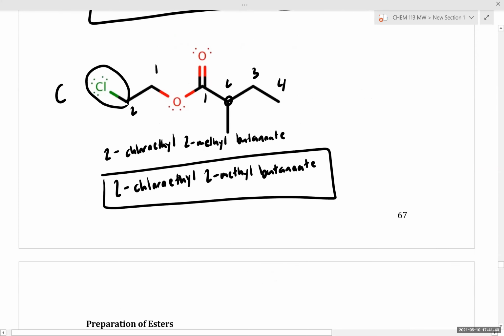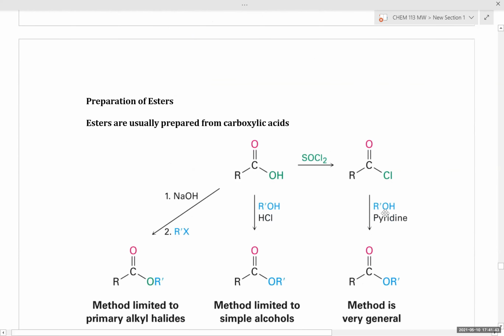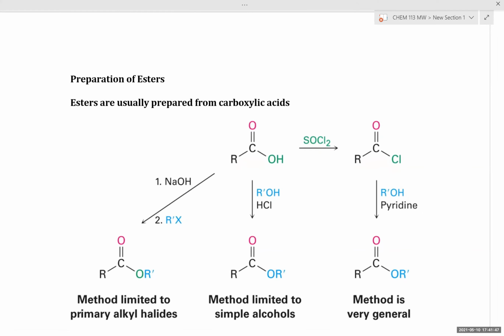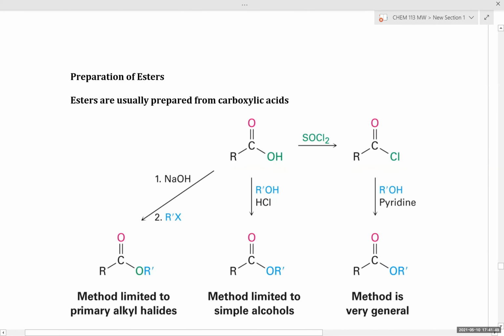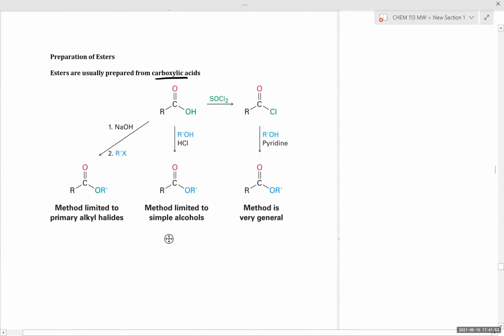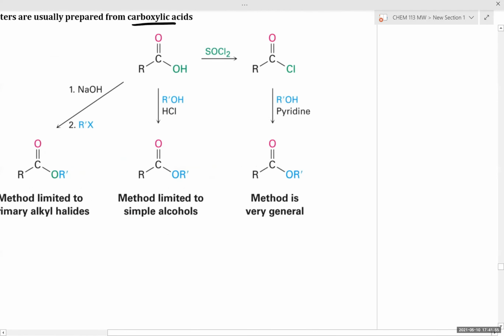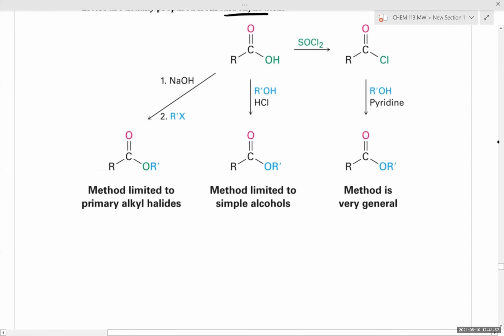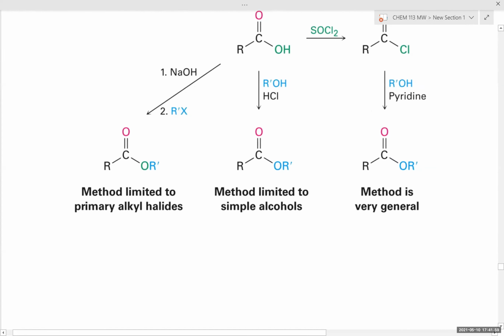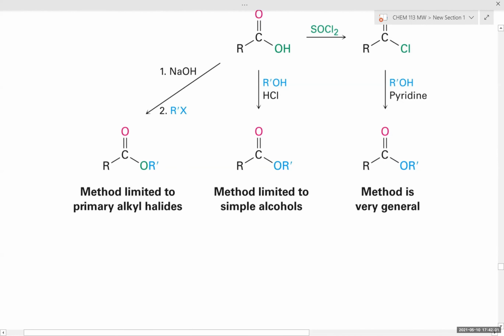Perfect. Let's keep going now and let's talk about methods to prepare esters. Overwhelmingly, esters are prepared from carboxylic acids. There are many ways, first of which, and probably one of the more common methods, is the alkylation of carboxylate salts.